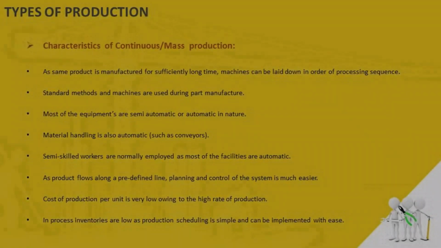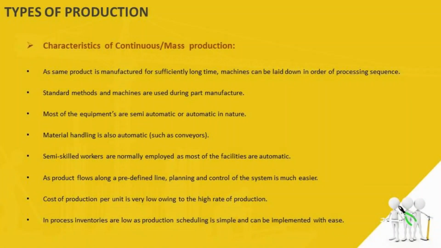Now let's understand the characteristics of continuous or mass production. In this type of production system, as the same product is manufactured for a sufficiently long time, machines can be laid down in order of processing sequence. Standard methods and machines are used during part manufacture.